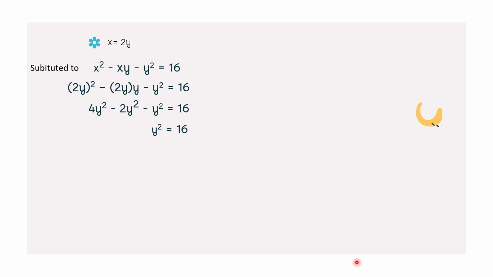We have y squared equals 16, and two values of y satisfy this, that is 4 and minus 4. For these two values, we have x, which is 2y, so x here is 8 or x is minus 8.